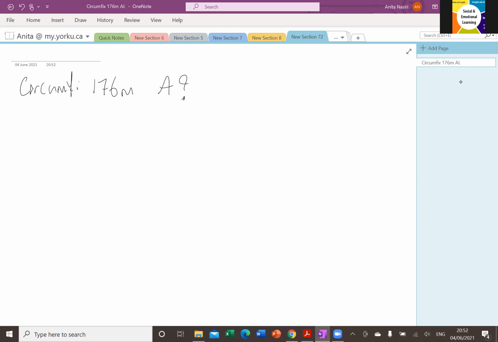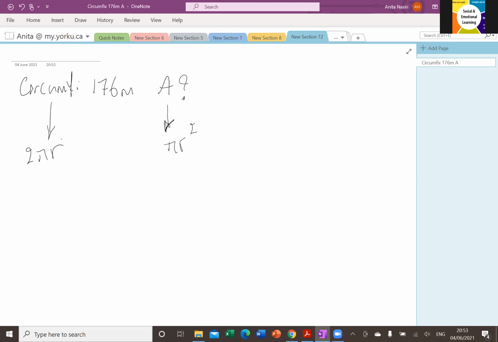As you remember, our way to calculate area and perimeter for the circle is: area is pi r squared, while perimeter is 2 r pi. So we can divide 2 r pi to 176.